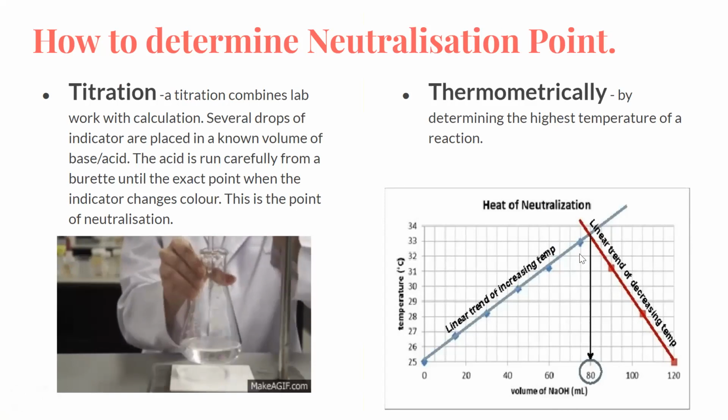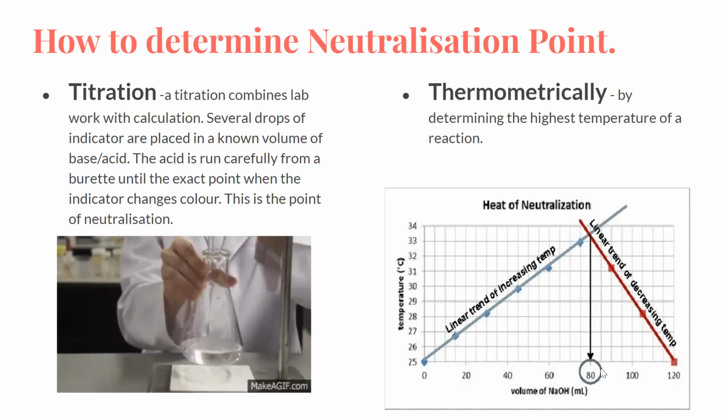So that's called the neutralization point. You can see here that the solution reached a high point of, let's call this, 33.5. That's the highest point that it reached. So the volume used was 80.